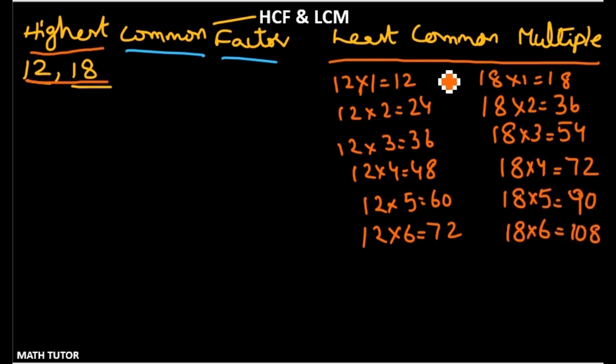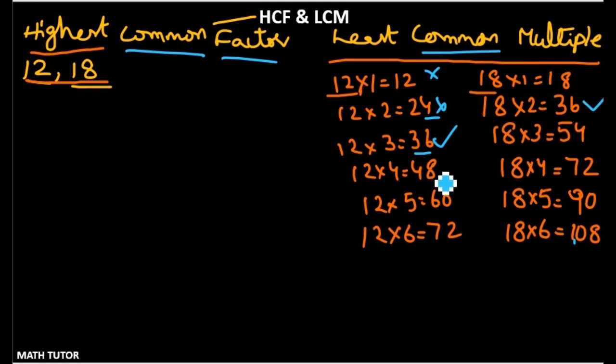I have found out the multiples of 12 and 18. Now what is common multiple here? Which is common? Is 12 here? No. Is 24 here? No. Is 36 here? Yes. 36 is there in common in both 12 and 18.